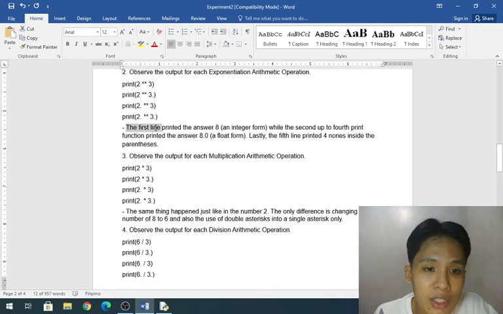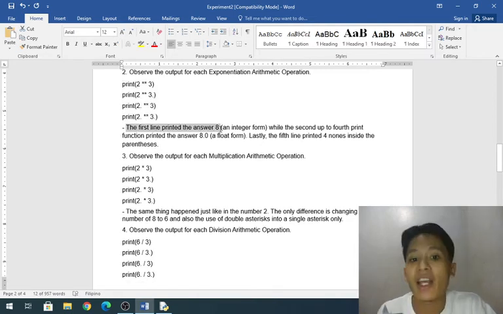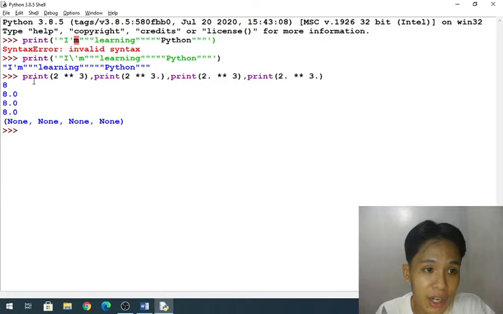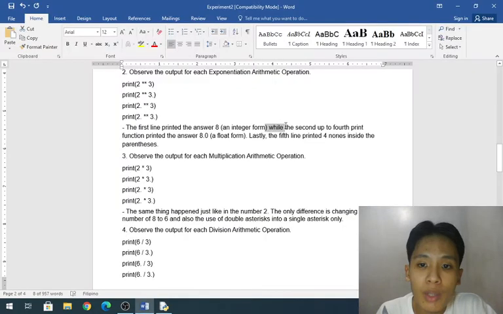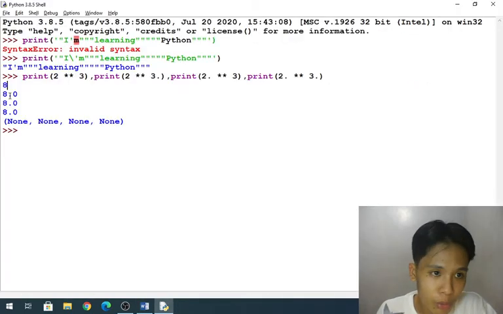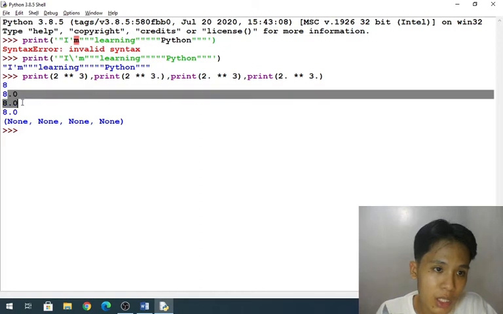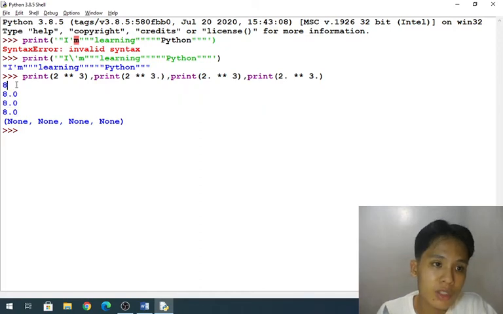The first line printed the answer 8, an integer form, while the second up to the fourth function printed the answer 8.0, a float form. Lastly, the fifth line printed 4 nones inside the parentheses. So as we can see, these are float numbers and these are integers.